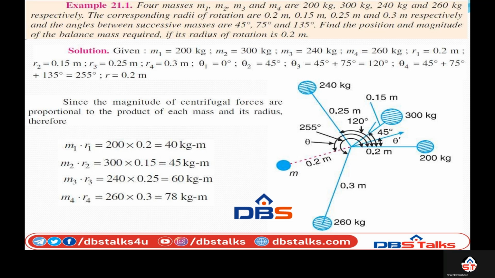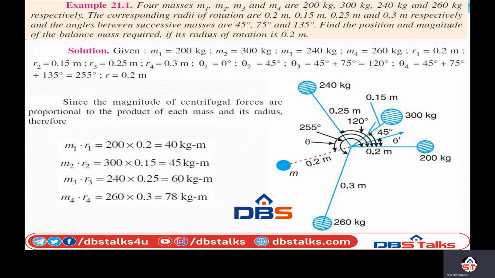Find the positions and magnitudes of the balancing masses which are required if the radius of rotation is 0.2 meter.